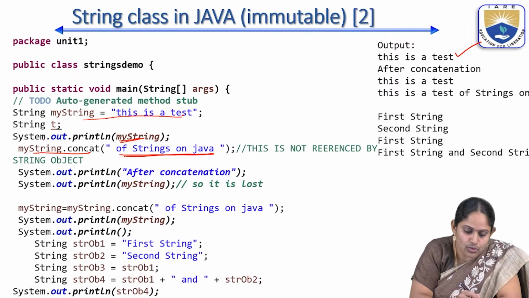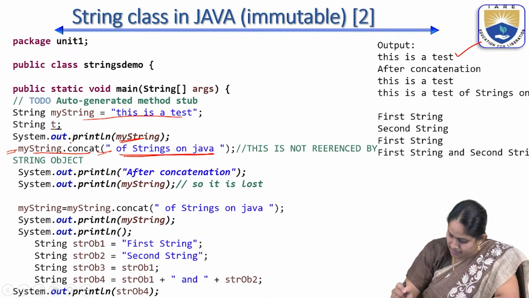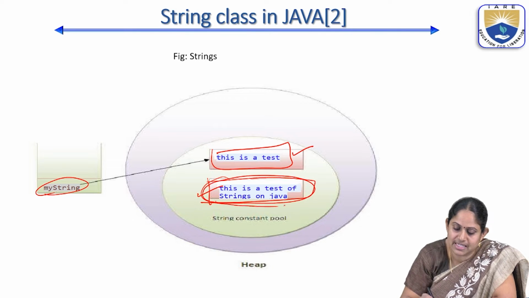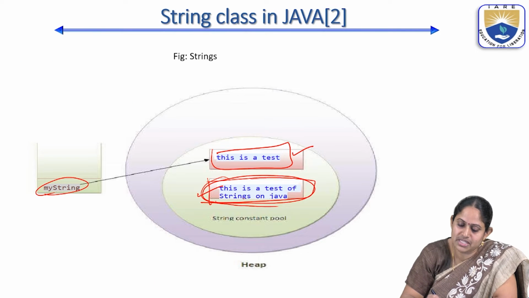In this case, when you concatenate myString and this other string, we don't have any reference to the result. So this object will be created in the constant pool. You get the content of myString concatenated with this, and a new object will be created.